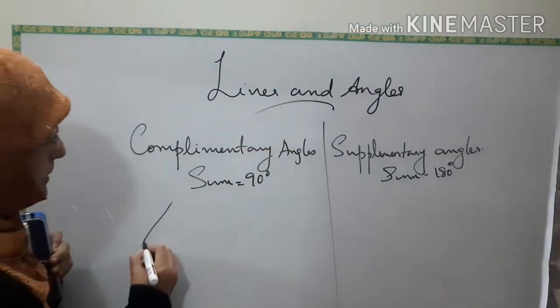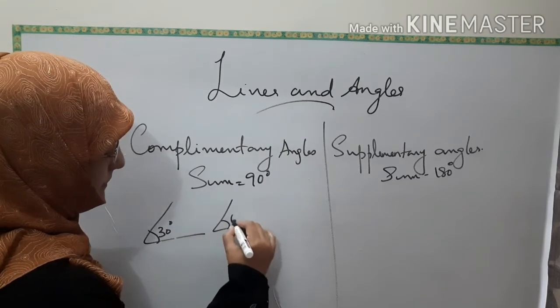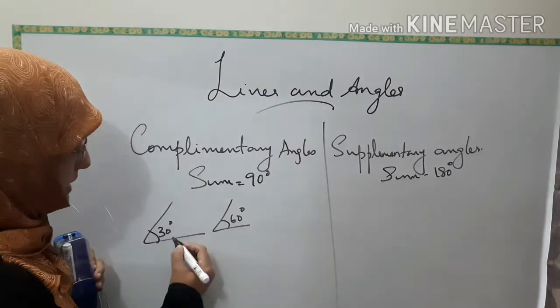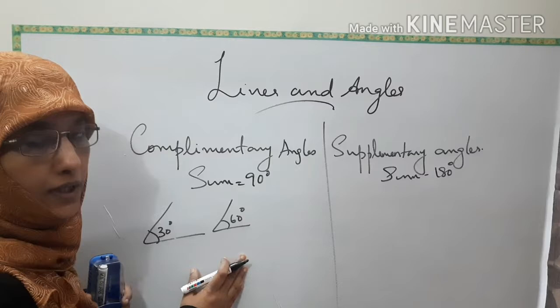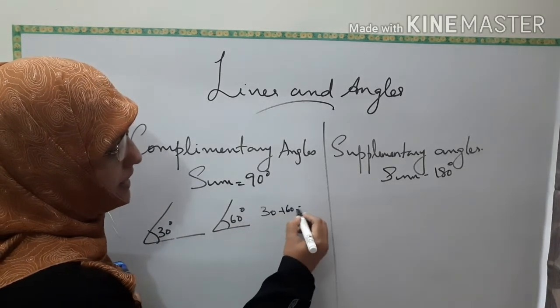Now see an example. Two angles are there, 30 degrees and 60 degrees. Are they complementary? So how will you find out whether they are complementary? We add these two, 30 plus 60, that is 90.